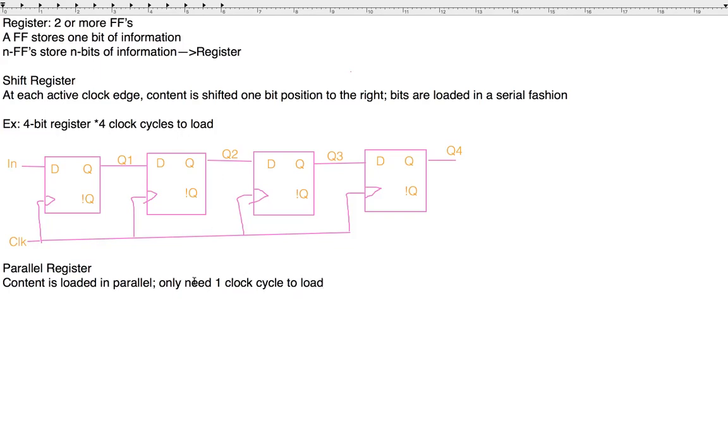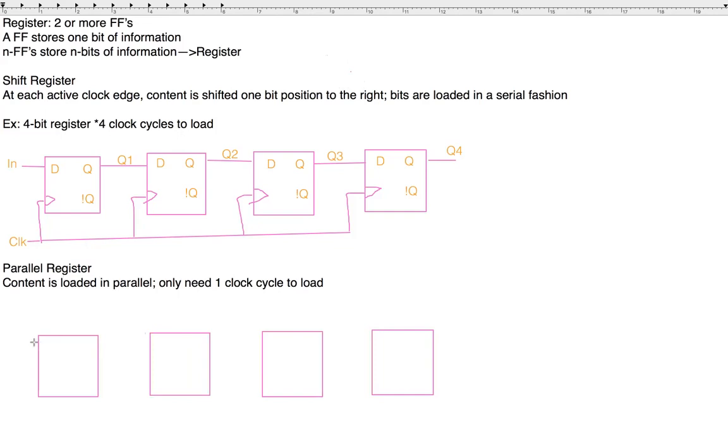And so this looks a little different. So you guys know, I'm going to draw it out. Just remember shift and parallel, they're opposites of each other. So 1, 2, 3. Okay. And now I'm going to draw out my lines here. And so what we're going to have is information.